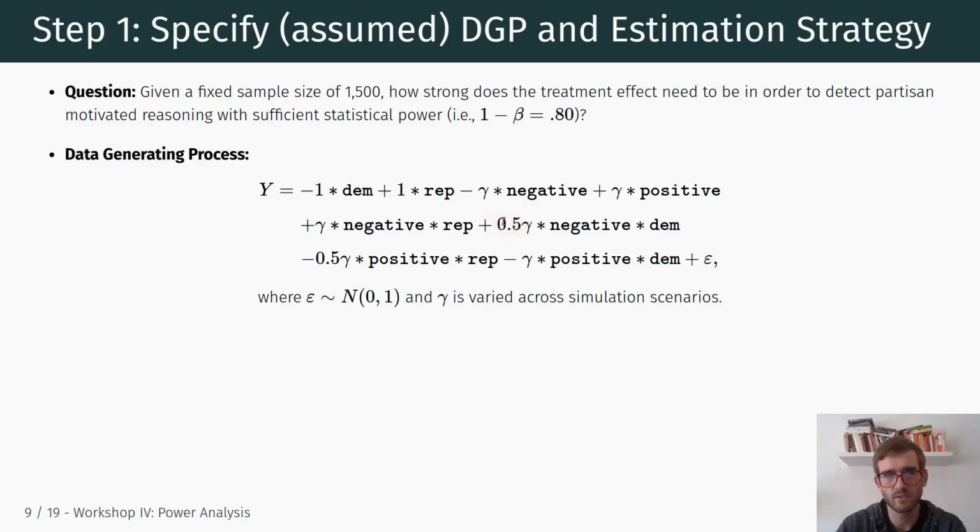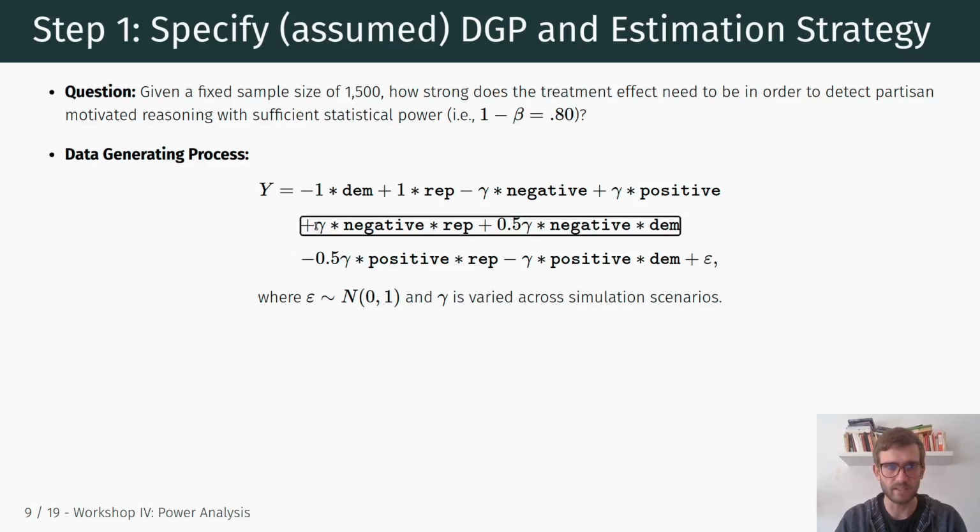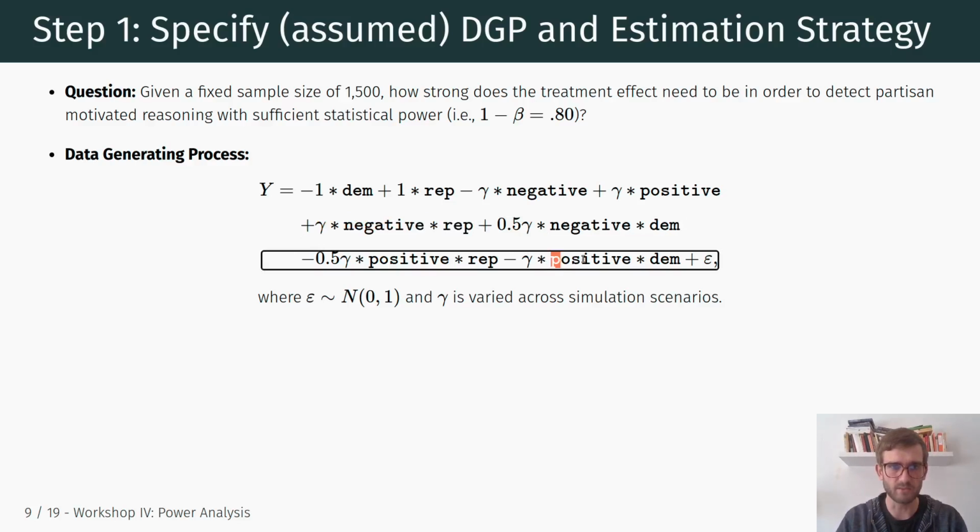Of course, you could think of this as a strong assumption, a ceiling effect of like 0.5, but the key here is also that these interaction terms are essentially not central to the hypothesis that we're interested in. The main interest is basically the interaction between the negative treatment and Republicans and the positive treatment and Democrats to look at this partisan motivated reasoning effect.